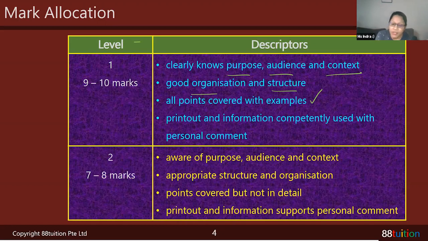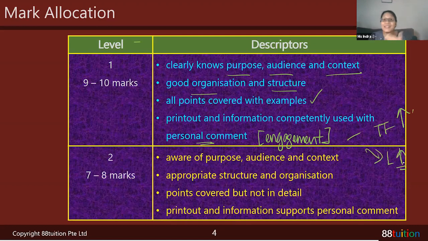And remember you need to have personal comments, and this is what I call engagement. The moment you have engagement, what happens? Your task fulfillment marks go up, your language also goes up, because it is you understanding the audience, the context, and definitely writing to serve the purpose of the situational writing.